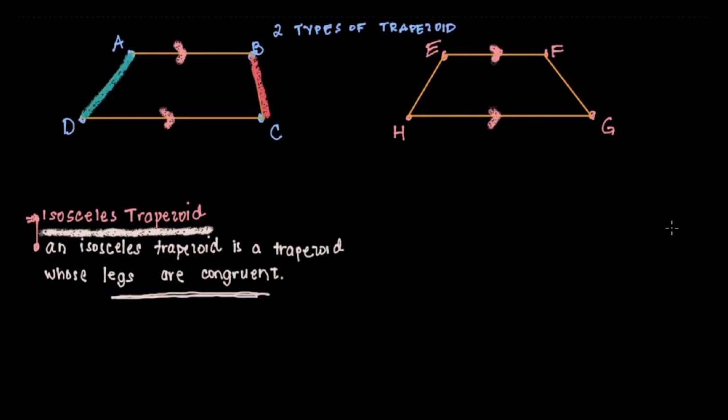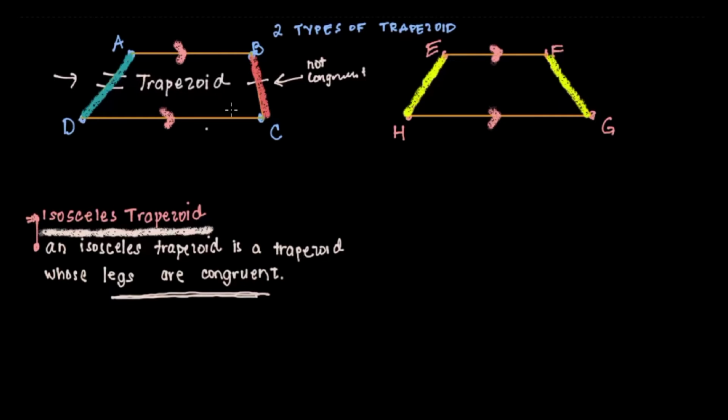Pansinin nyo yung kulay. Tignan natin. Dito naman sa EH, segment EH, segment FG. Okay, ang ibig sabihin ng kulay na yan, kung magkaiba sila, ibig sabihin hindi sila congruent. Kung parehas sila, congruent sila. So, segment AD is not congruent to segment BC.